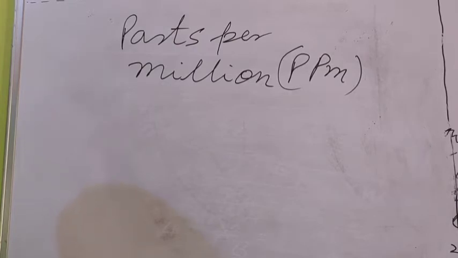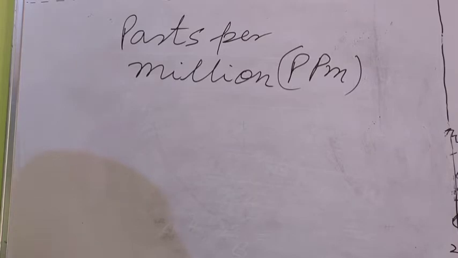Means for a dilute solution, in which a very small amount of solute is dissolved in a large excess of the solvent, the values of both the mass percent and the volume percent, which we already discussed, will be very small, and therefore parts per million is used.